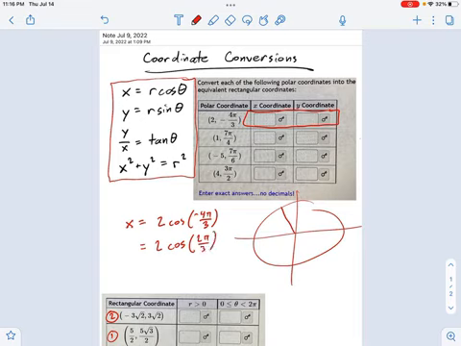Or you can also use your old trig even-odd identities and recognize that the cosine of negative 4 pi over 3 is the same exact thing as the cosine of positive 4 pi over 3, because cosine is an even function. So whichever way you like to do it is fine. But the important thing is you have to somehow get to this point where you say, aha, I'm located right there. That's where this is. And of course, it's a radius 2, not radius 1.